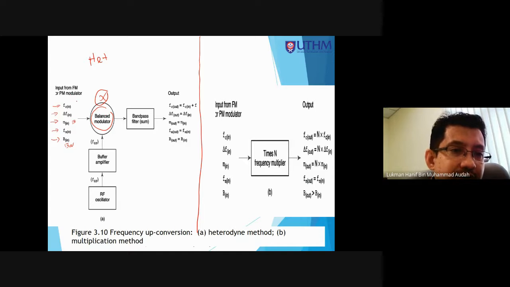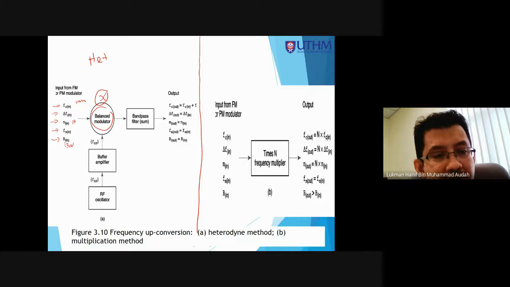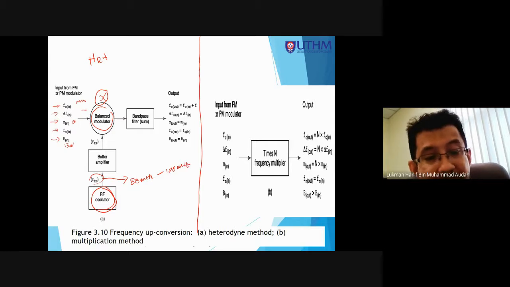So ini sebenarnya adalah dia punya signal, tetapi digambarkan di sini beberapa parameter penting. Okay. So put inside the balance modulator, and here we have the oscillator with frequency of RF. Berapa besar RF ini? So itu menjadi persoalan. RF kalau untuk FM signal, remember di dalam range 88 MHz sehingga 108 MHz.